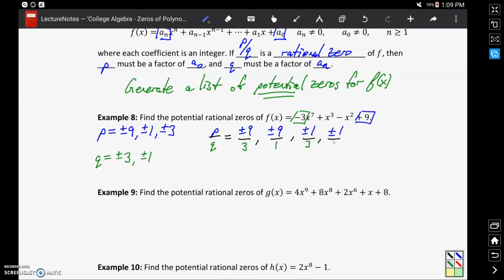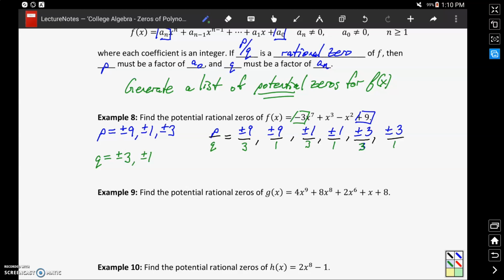And with 1. And then for our last two pairs, we'll be looking at plus or minus 3 over 3. And then plus or minus 3 over 1. So in each case, we have both the positive and negative versions of each of those pairs represented.